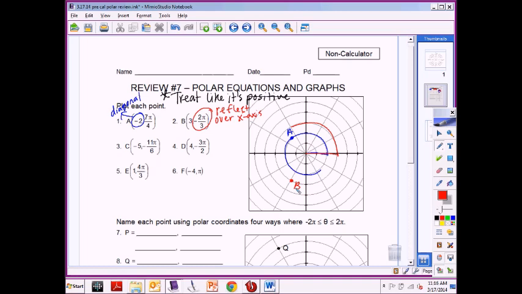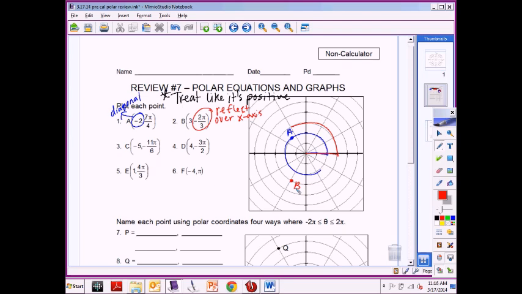Graphically, that means I'm reflecting over the x-axis. Mathematically, I'm maintaining the same reference angle from my x-axis. So if I'm 60 degrees from here, on the negative version, I will be 60 degrees from negative 180. It's all about reference angles. That's why we learned about reference angles.